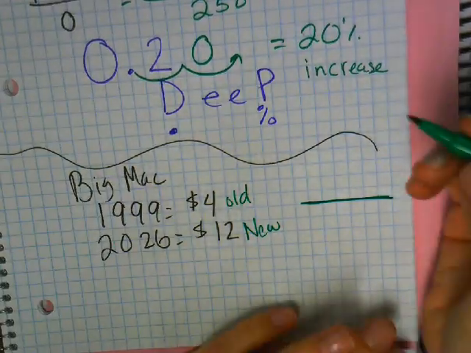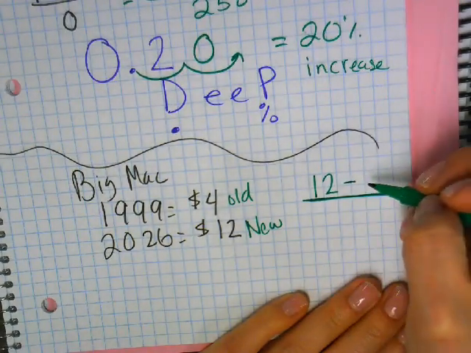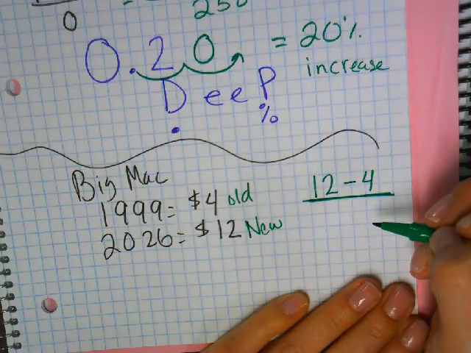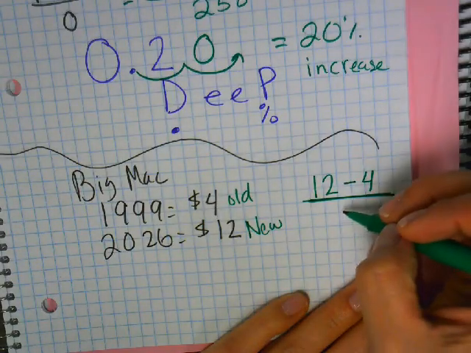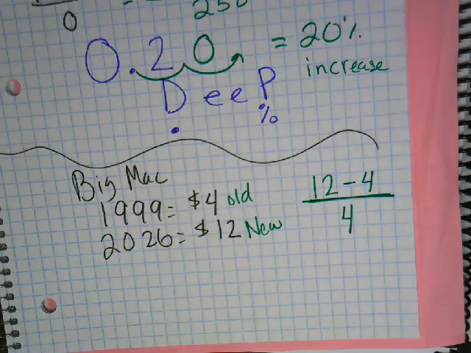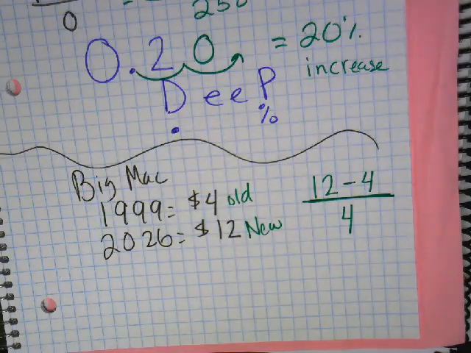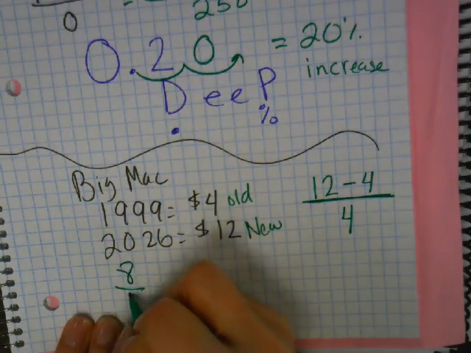What's my first number? 12. Minus what? 4. What number goes on the bottom? 4. Be careful. The old one goes on the bottom. All right. What's 12 minus 4? 8. 8 divided by 4.